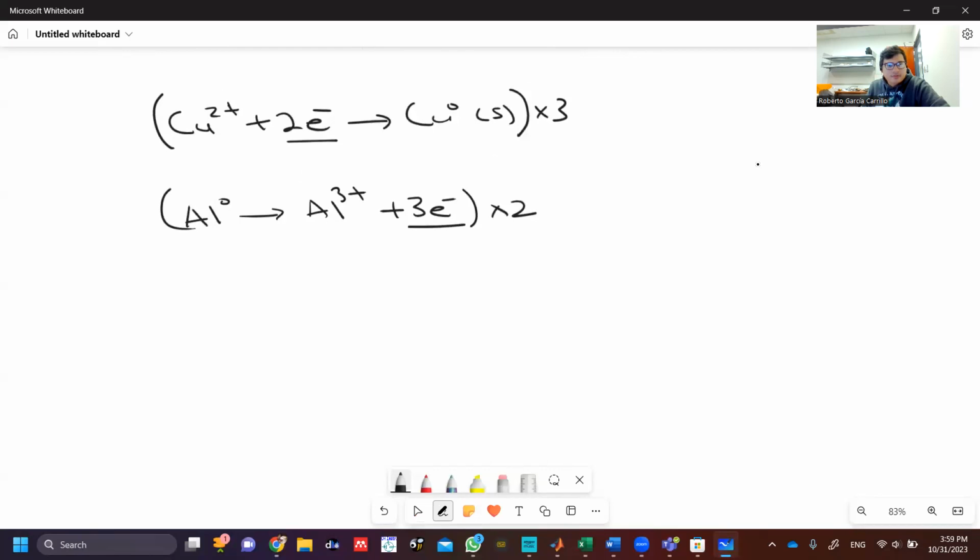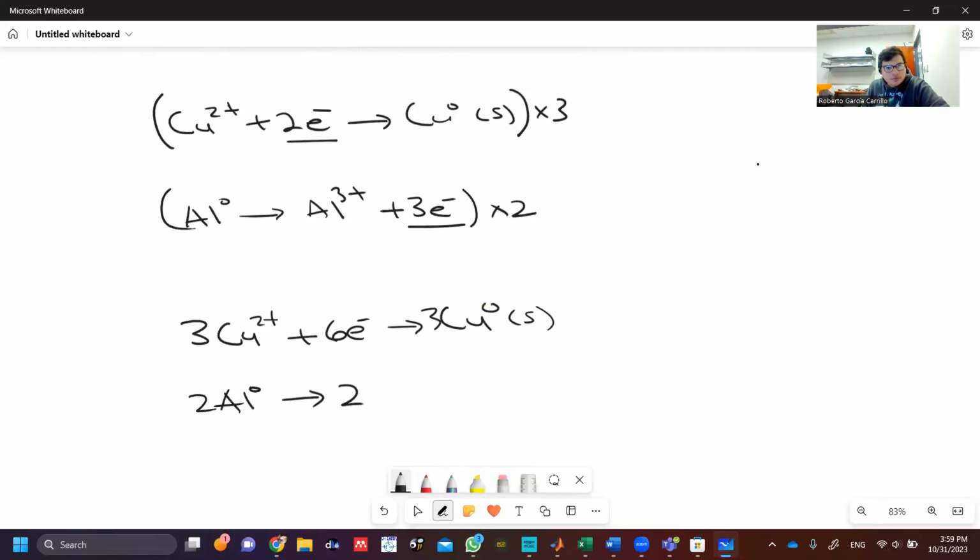And if we do so, we get the total number of electrons, which is 6. And aluminum is 2. Aluminum 0 goes to 2 aluminum 3 plus 6 electrons.